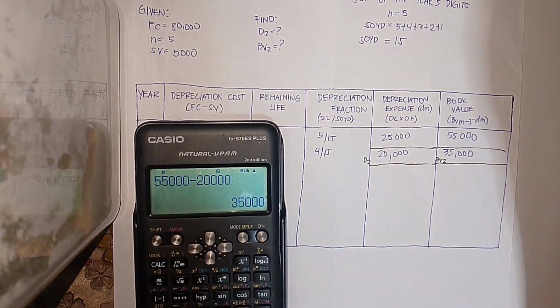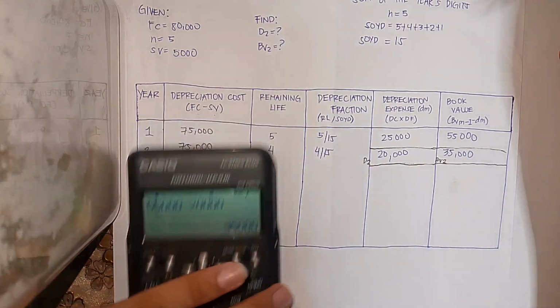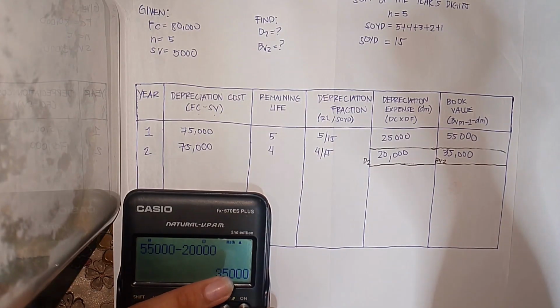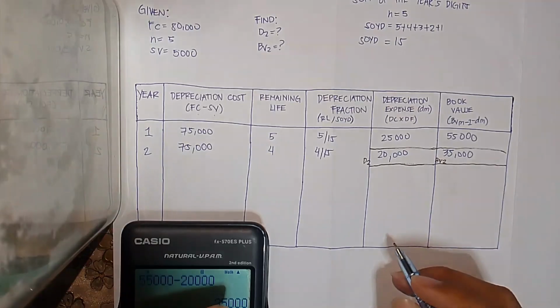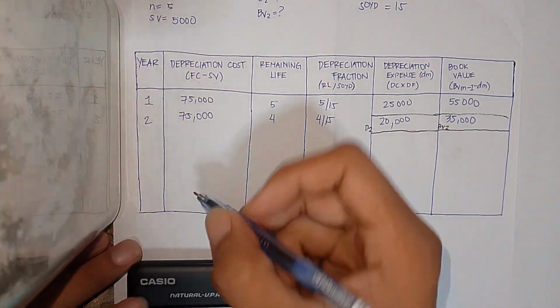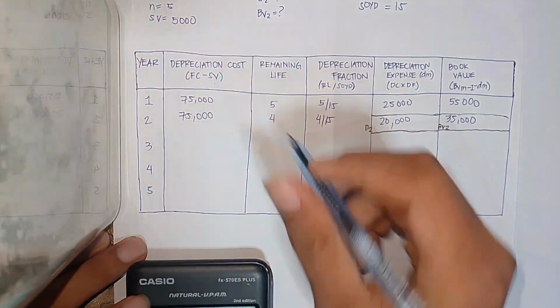But for us to be able to know if our computation is correct, we need to continue computing up to the 5-year estimated life, which is 5 years. So we need to continue the years up to the 5th year: year 3, year 4, and year 5.